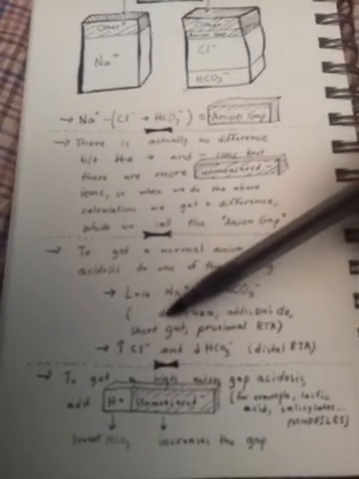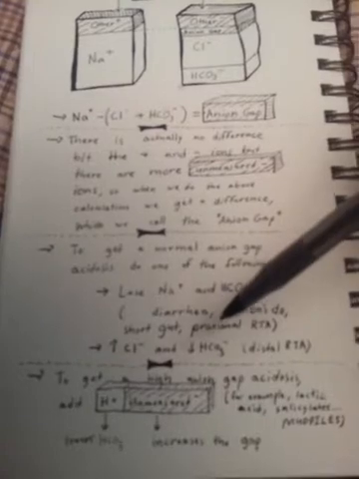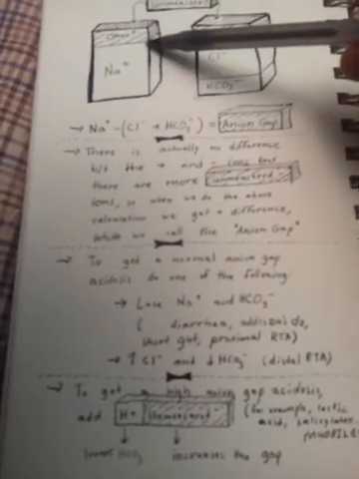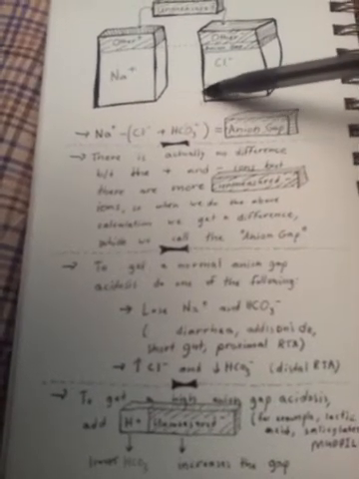Short gut is the same thing as diarrhea. You're not able to reabsorb this sodium bicarbonate. And proximal renal tubular acidosis is a defect in one of the pumps in the proximal renal tubule in the kidney, and that's the same kind of thing. You're losing the ability to reabsorb sodium, but it's in the kidney this time, and you're losing bicarbonate.